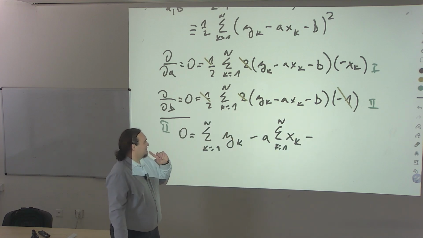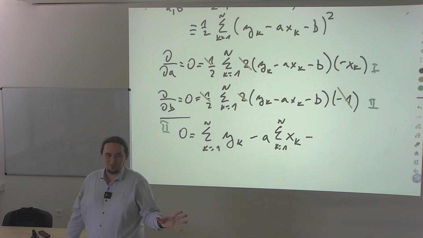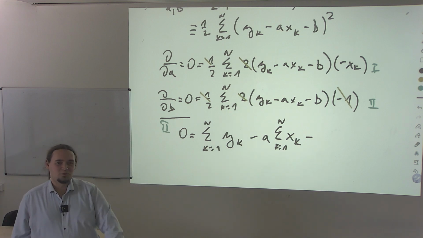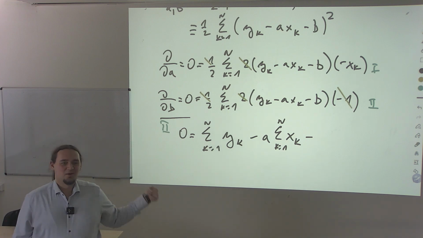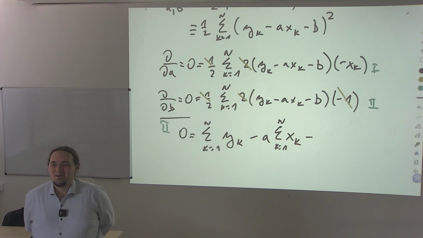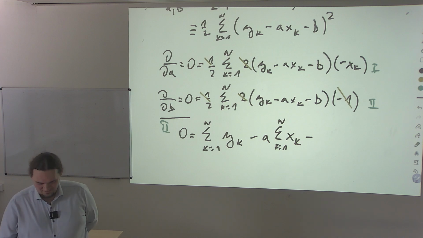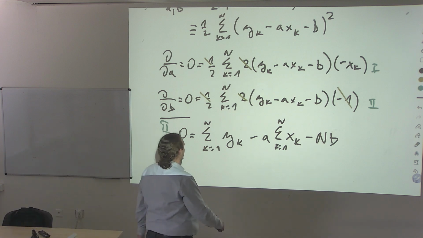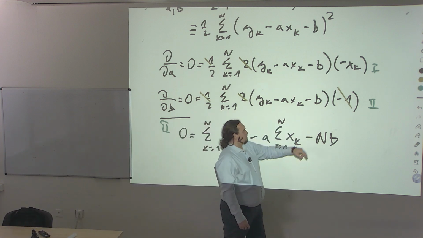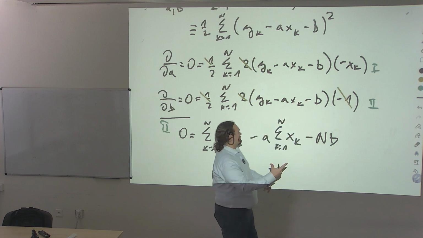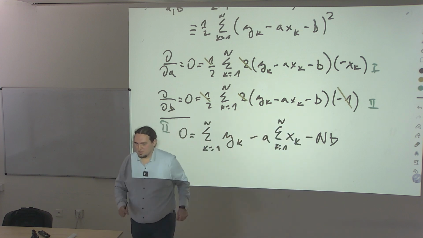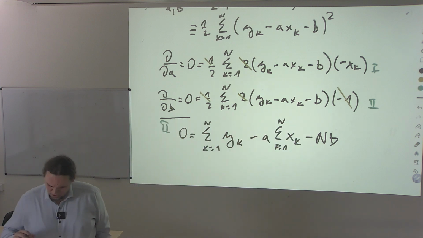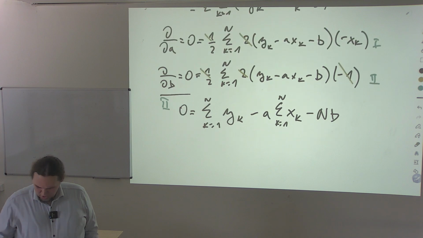We can do another trick, which will involve the fact that we do not have to write the sum again. How will it look like? Everybody sees why this is n times b, right? I'm summing minus b again, minus b again, minus n times b. Okay.